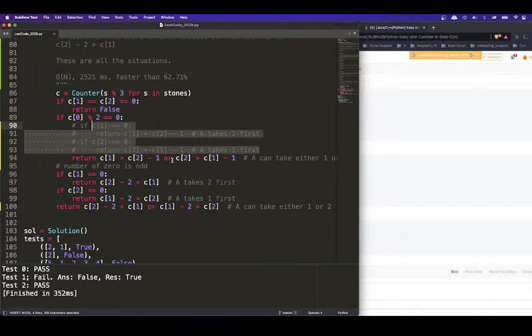Then it should be and, right? Because if C1 is 0, this definitely holds. If C2 is 0, then this definitely also holds.